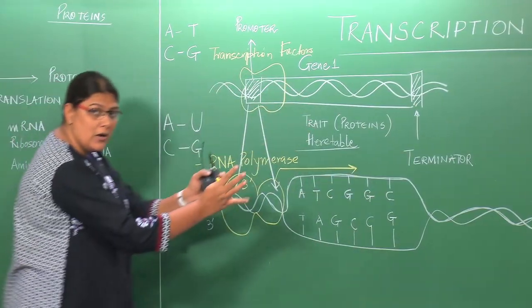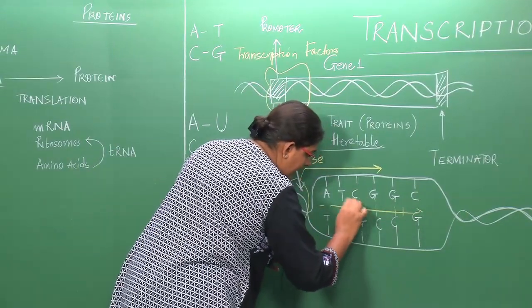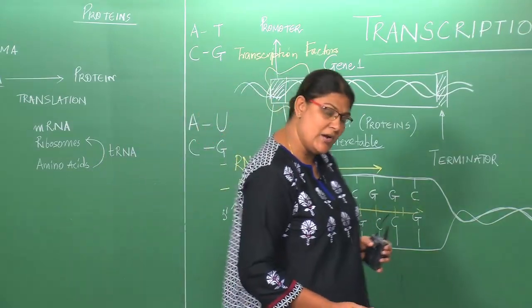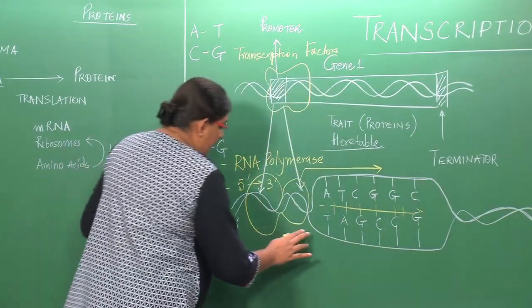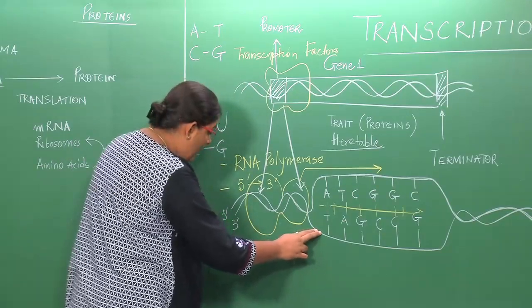And as it moves along, it starts breaking these intermediary hydrogen bonds, causes the separation of these two strands, and then this strand becomes the template strand. Why?